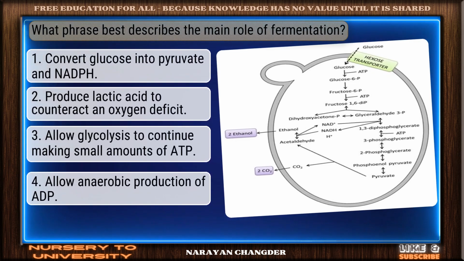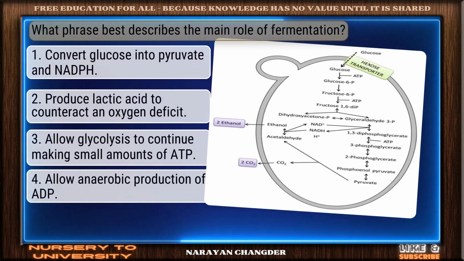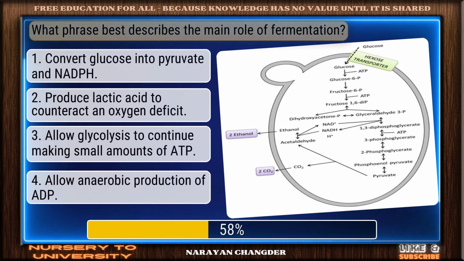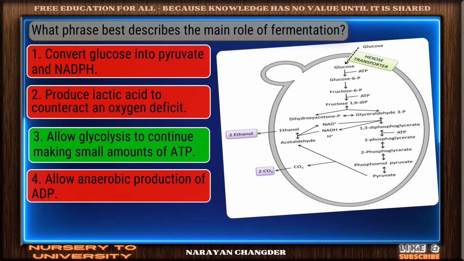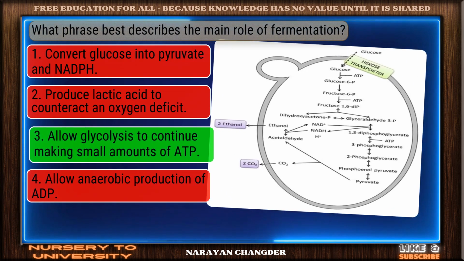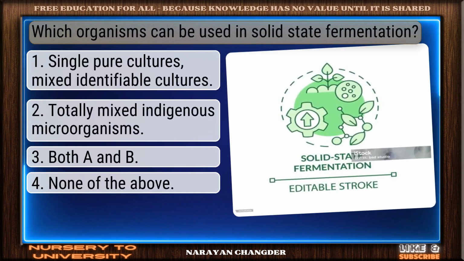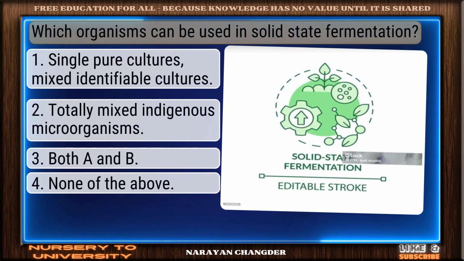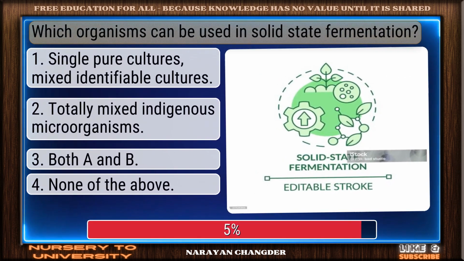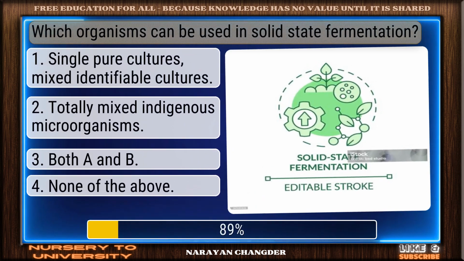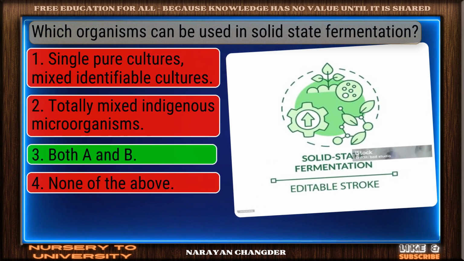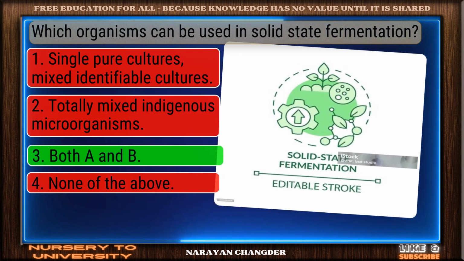What phrase best describes the main role of fermentation? Solid response. Allow glycolysis to continue making small amounts of ATP is a valid choice. Which organisms can be used in solid-state fermentation? Excellent. Both A and B is a brilliant choice.